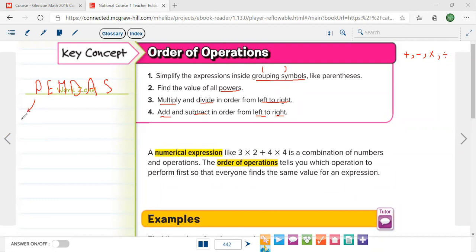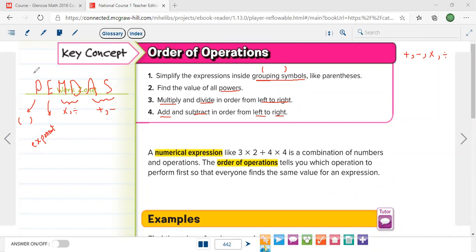P for parentheses, E for exponent, M for multiplication and division together, A and S, addition and subtraction together.